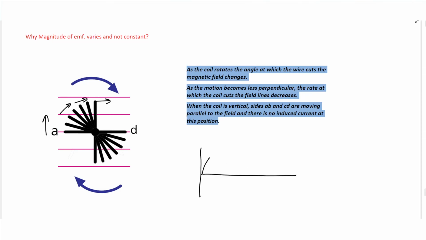It increases, reaches maximum when the coil is horizontal, then decreases to zero when the coil is vertical, increases in the opposite direction to maximum when the coil is horizontal facing the other side, and so on. So why does the magnitude of the current vary? Because the angle changes the rate of cutting of the field. As the angle changes, the rate of cutting the field changes, so the induced voltage changes.